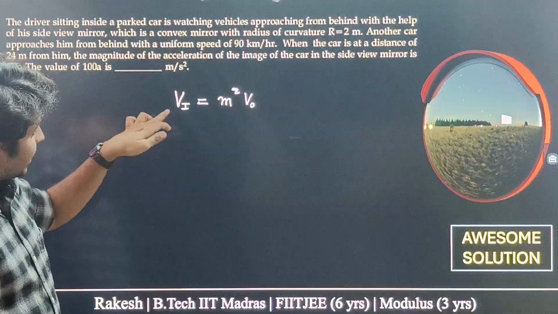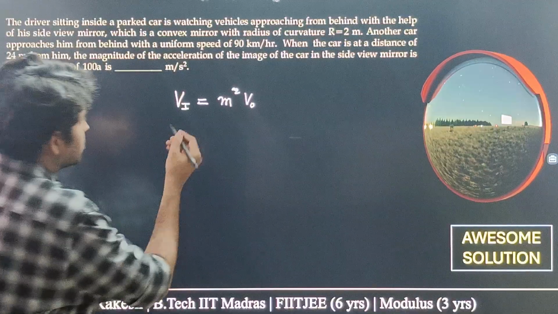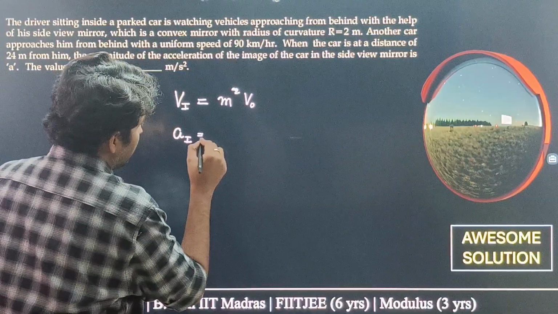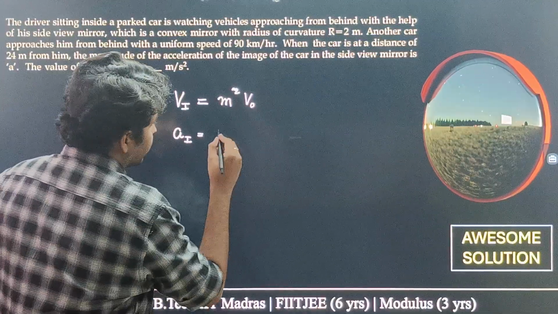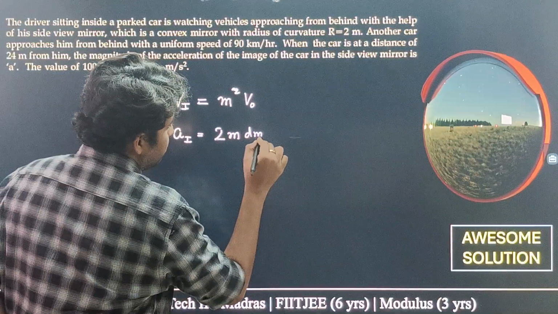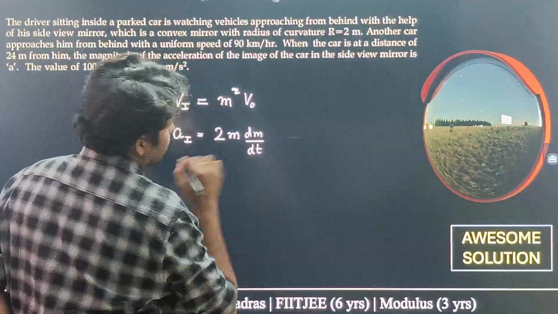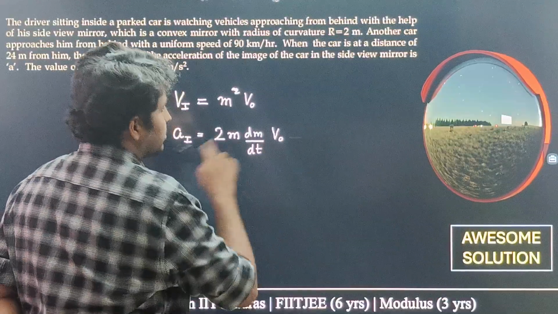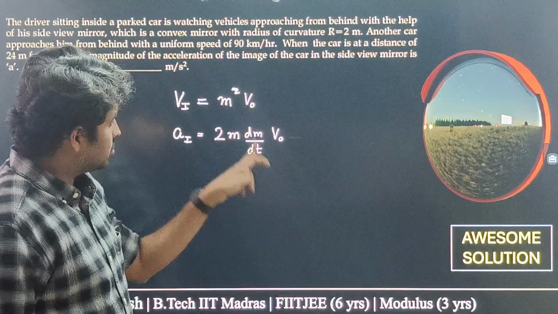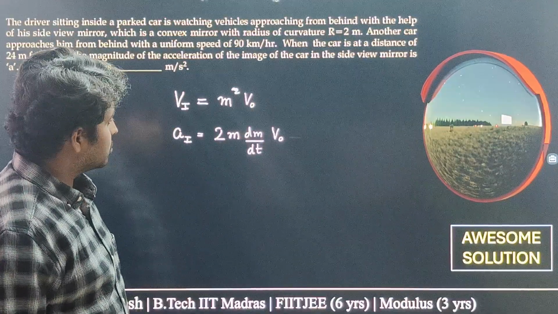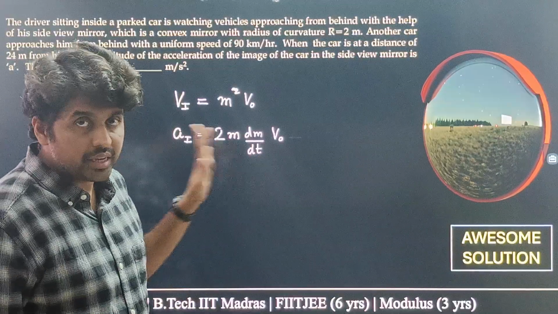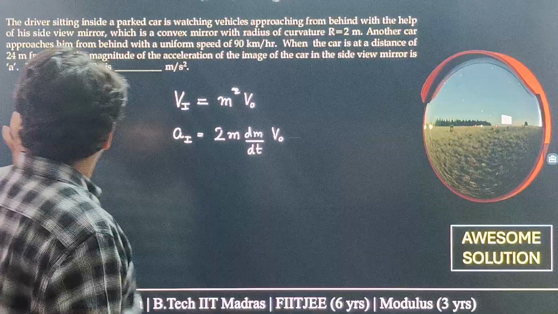Now we'll directly differentiate this formula. So acceleration of image equals 2m dm by dt into v0. The velocity of object is constant, so it remains as a constant. Now our job is to just find what is m and dm by dt.